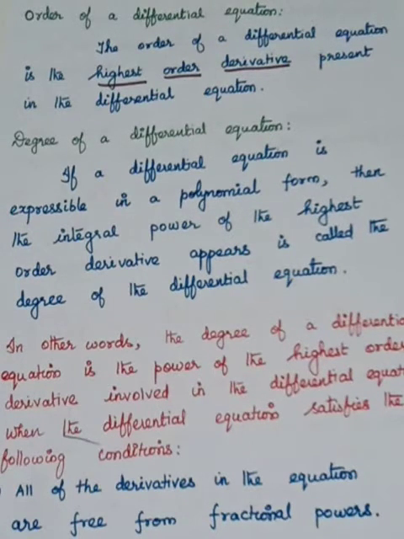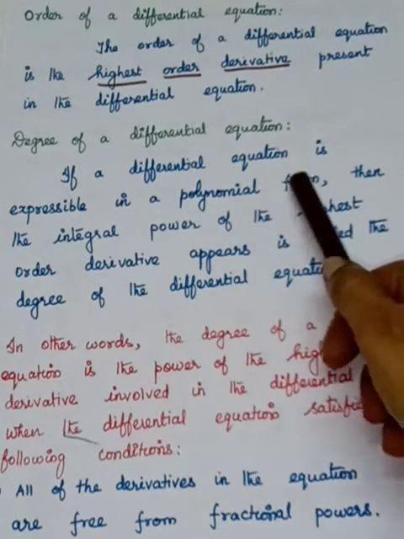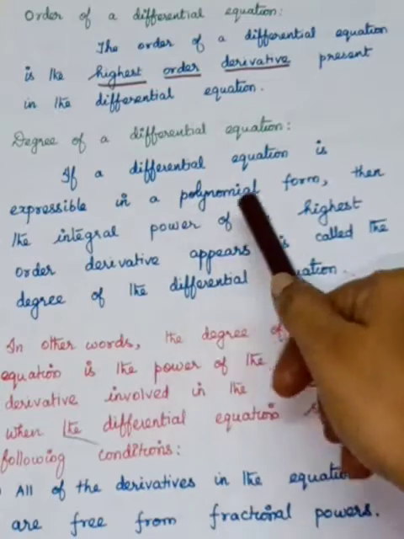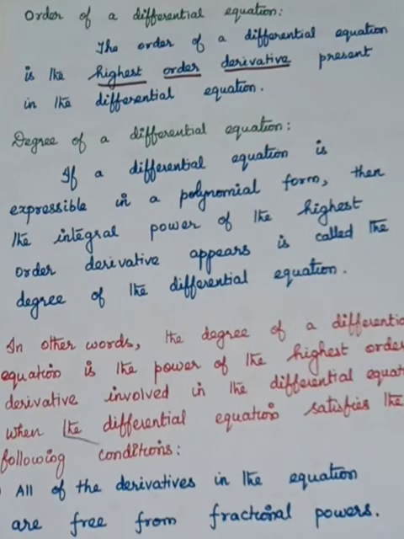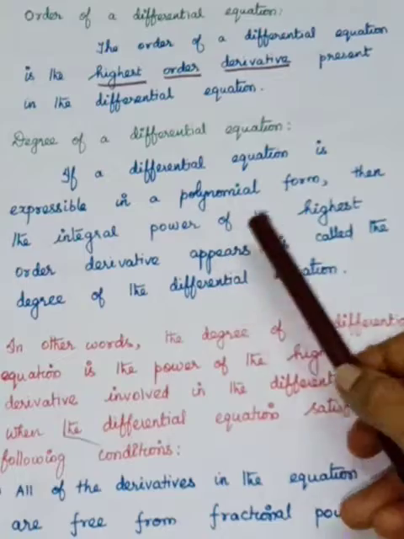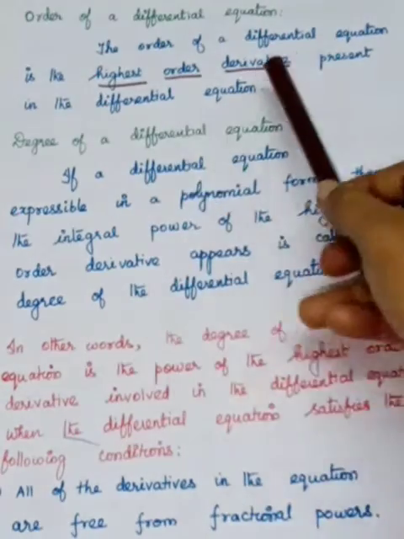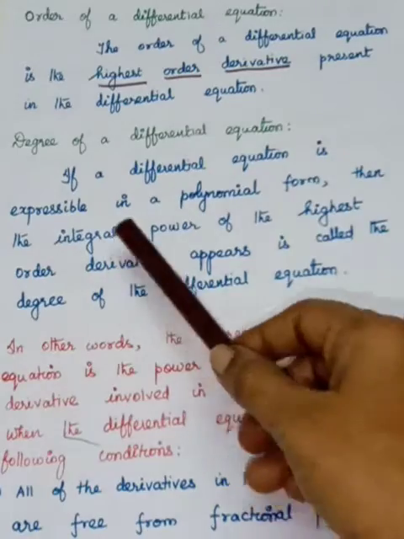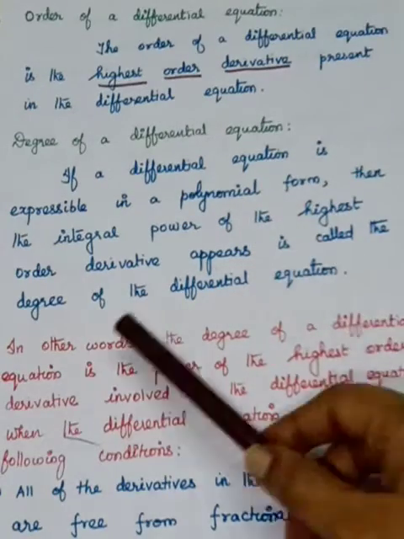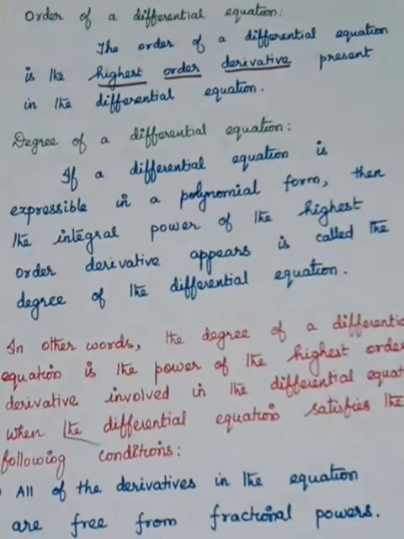We have to follow certain steps. If a differential equation is expressible in polynomial form, it has to be written in the polynomial form. Then the integral power of the highest order derivative is called the degree of the differential equation.